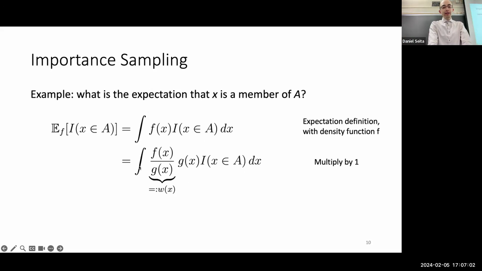And then what happens here is, in this next line, you do the trick of multiplying by 1. This is one of my favorite tricks in math. If you cleverly multiply by 1, you can do a lot of algebraic manipulation that makes things a lot nicer for you.